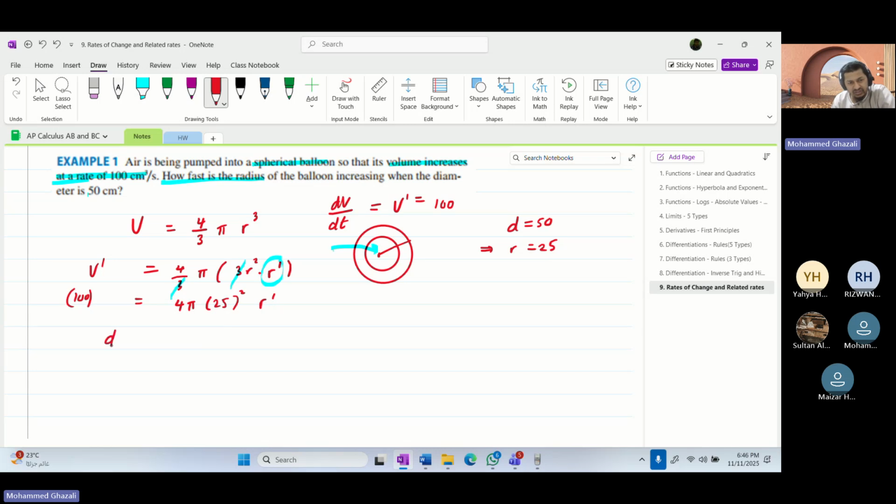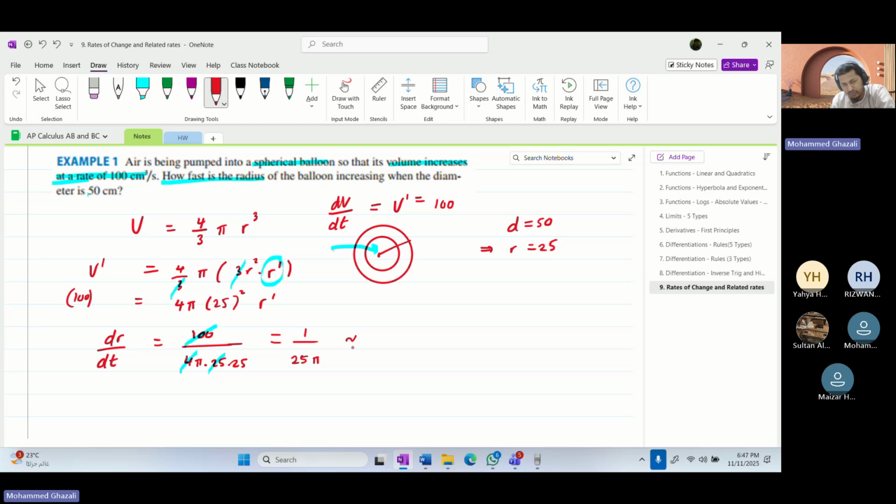So what's r prime equal to? dr/dt is 100 divided by 4 times pi times 25 times 25. 4 times 25 is also 100, so 100 and 100 cancel out. See how I'm simplifying? I got 1 over 25 pi.